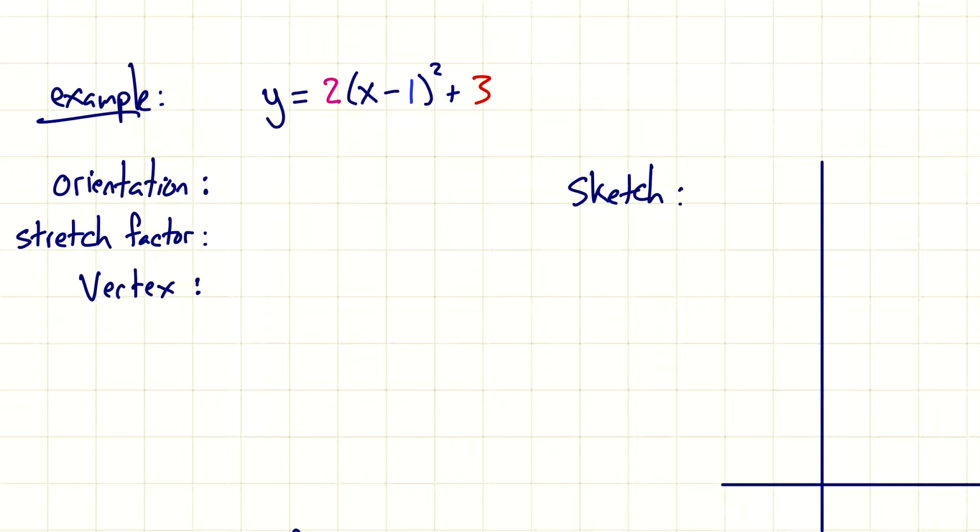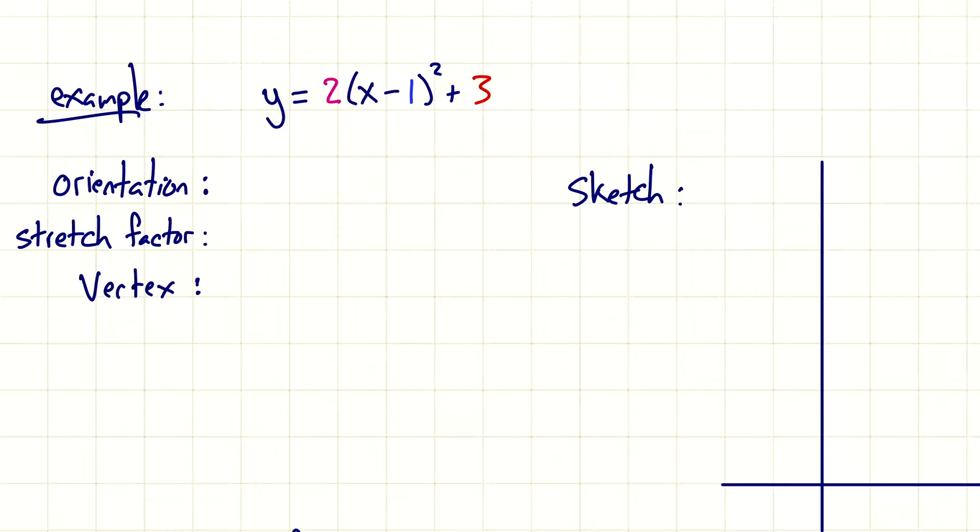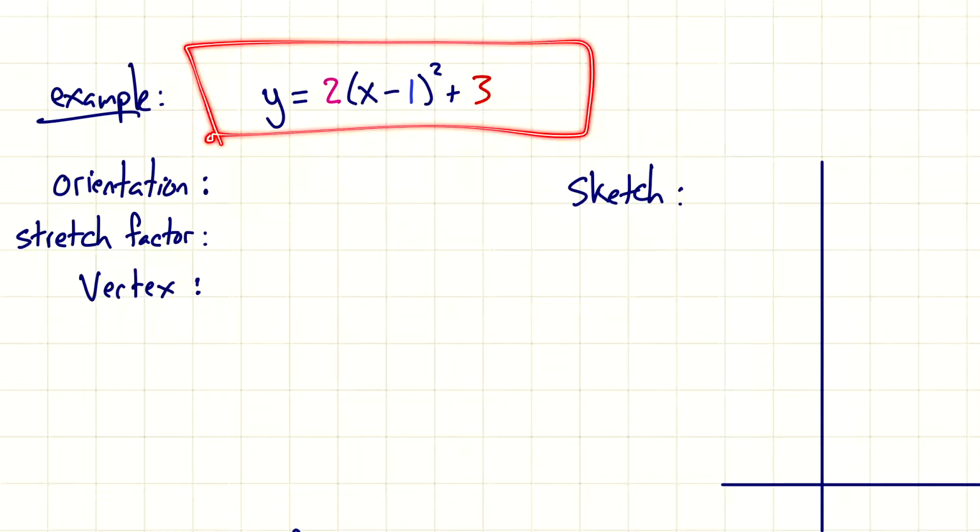All right, so the first thing I want to know is, what is the orientation of this graph or this parabola? Well, the reality is you could always put that in a graphing calculator and just look at the graph, right?